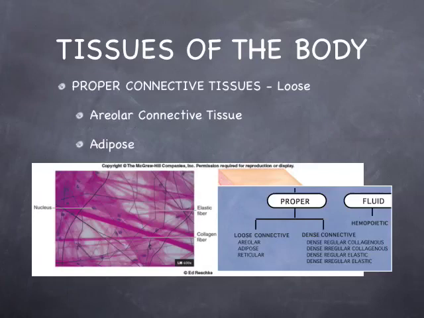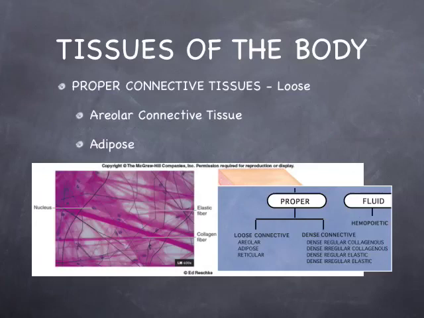Why in heaven's name would I put adipose under the connective tissue types? It doesn't connect. It doesn't support. It does add some contour to your body, but it doesn't support you in any way. Maybe it supports you nutritionally, sort of philosophical, right? Why am I putting it here?